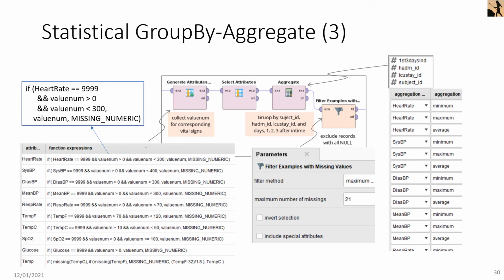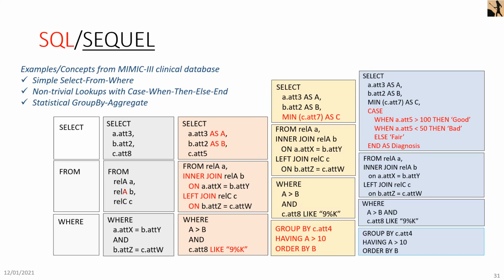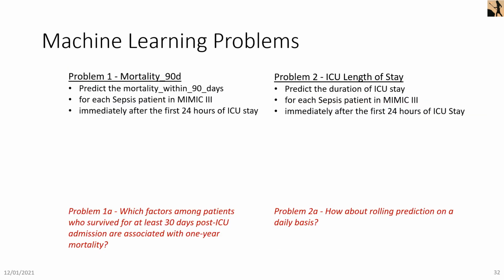So at the end, we have only patients with vital signs. So we are very much done now. And just quickly, you see we played with this SQL statement to start with, and we implemented them as RapidMiner flows, and we used 3 examples. Hopefully you get a handle on this now.